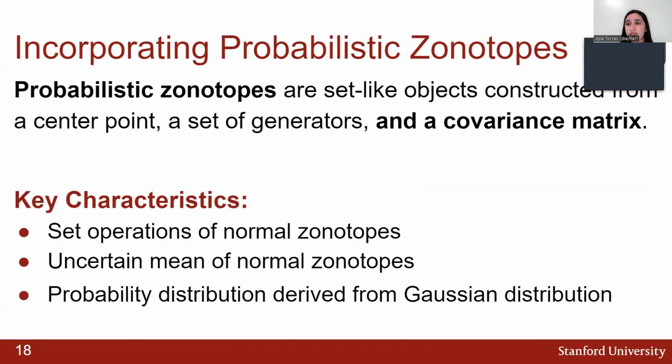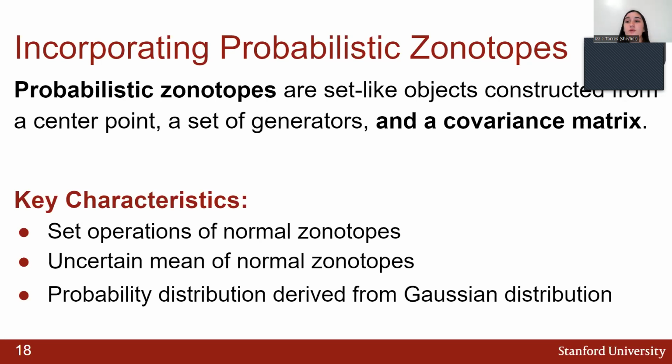Now, that was all previous work with RTD. In this work, we're also going to be incorporating probabilistic zonotopes, which are set-like objects, again, which also have a center point and a set of generators, but now they also have a covariance matrix. And so that describes a Gaussian distribution outside of this uncertain mean that's represented with a normal zonotope.